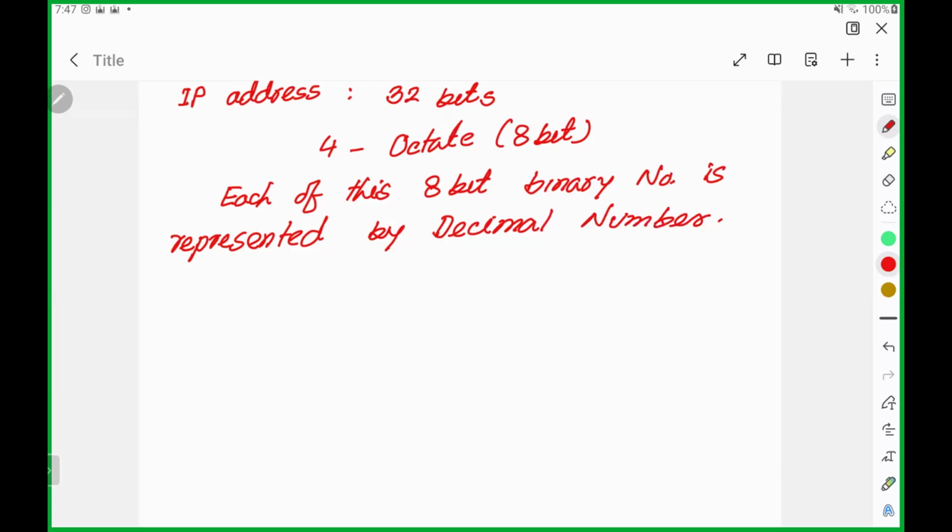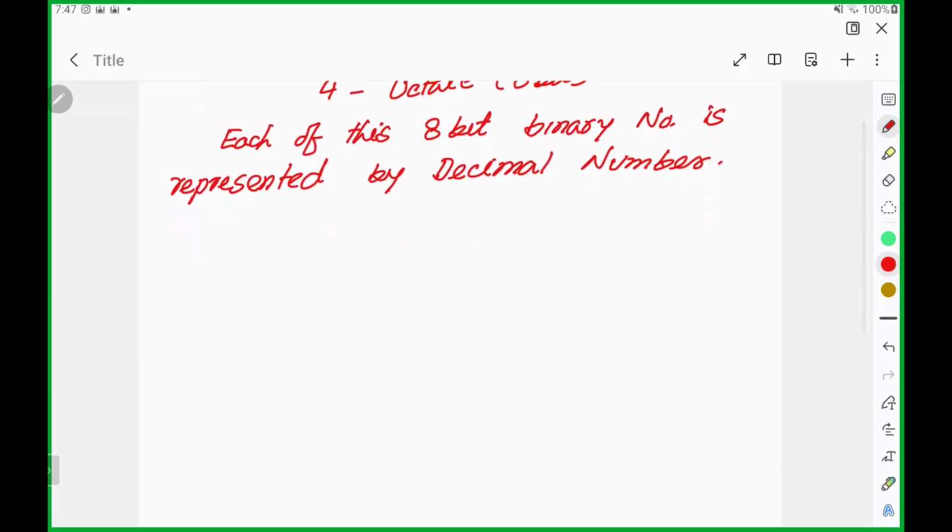In binary we have only two digits, 0 and 1, so it is called a base 2 number.